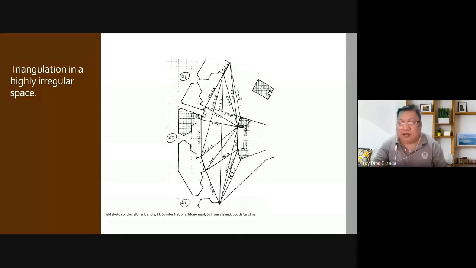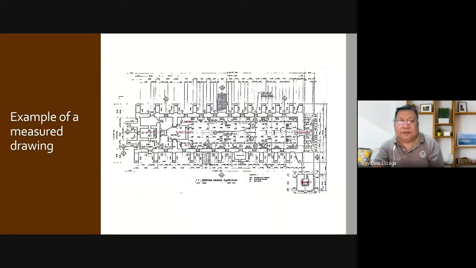We had to do a lot of triangulation just to get the actual configuration of the interior. The windows taper inwards, and then there's another wall, and then there's another hole for the window. So it's complicated. This is not a very good example. I'll show you some better examples next meeting.